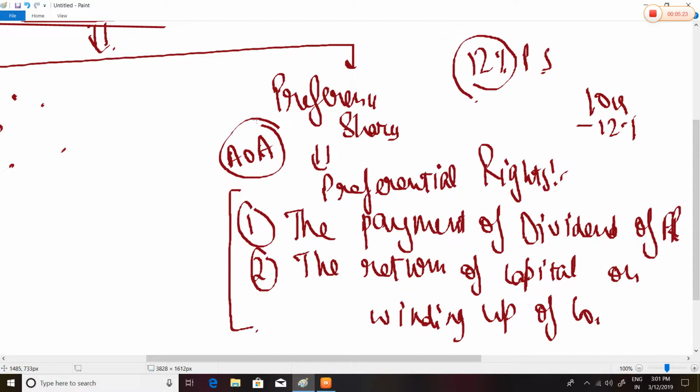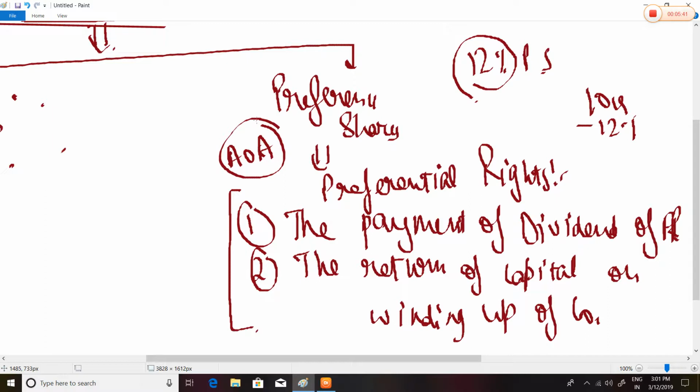Now, preference shares can be issued as redeemable preference shares. What do redeemable preference shares mean? It means that the preference shares are redeemable at a certain time period.